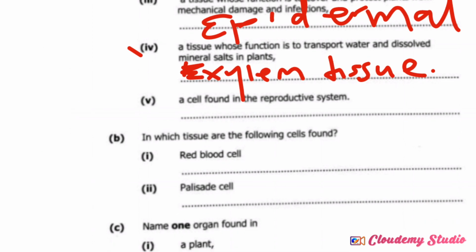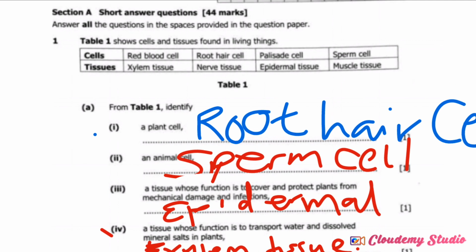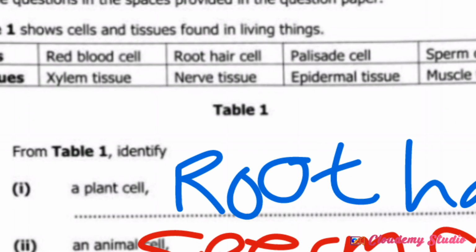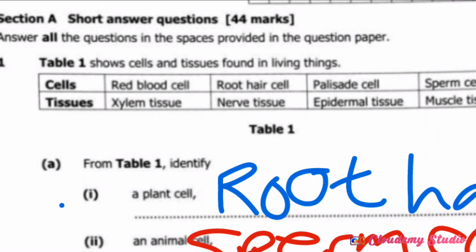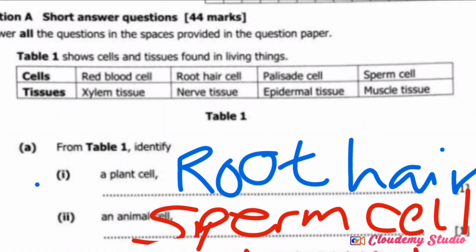The next question is asking to say, from this same table, name a cell found in the reproductive system. Meaning from all these cells which are here, the red blood cell, the root hair cell, the parasite, and the sperm cell, which one is from the reproductive system?